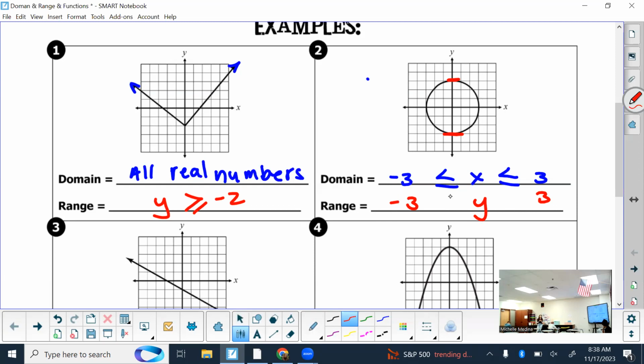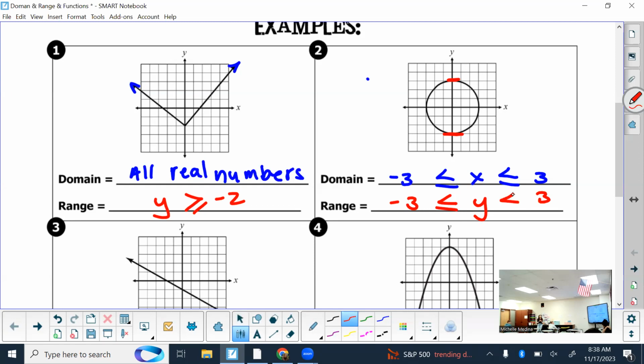well, is -3 gonna be less than or greater than y? Less than, and it does touch it because it's a solid line touching it, so we're gonna put the equals part. And then are the y's that are on this line, this circle, are they greater or less than 3?